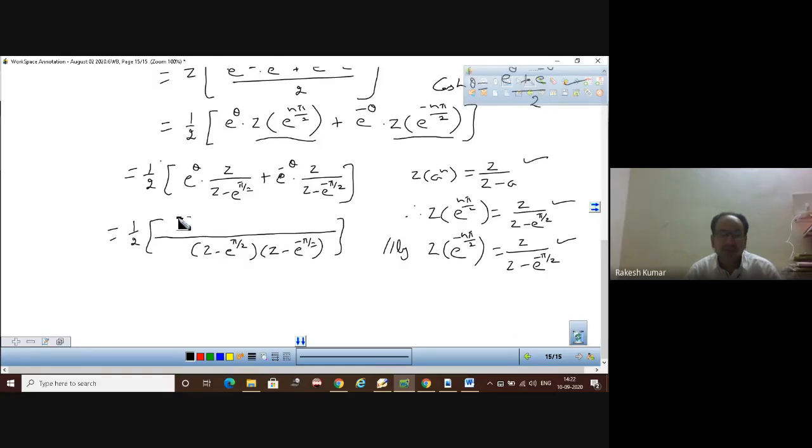And what it will be, that will be z e raised to power theta into z minus e raised to power minus pi by 2 can be written here.